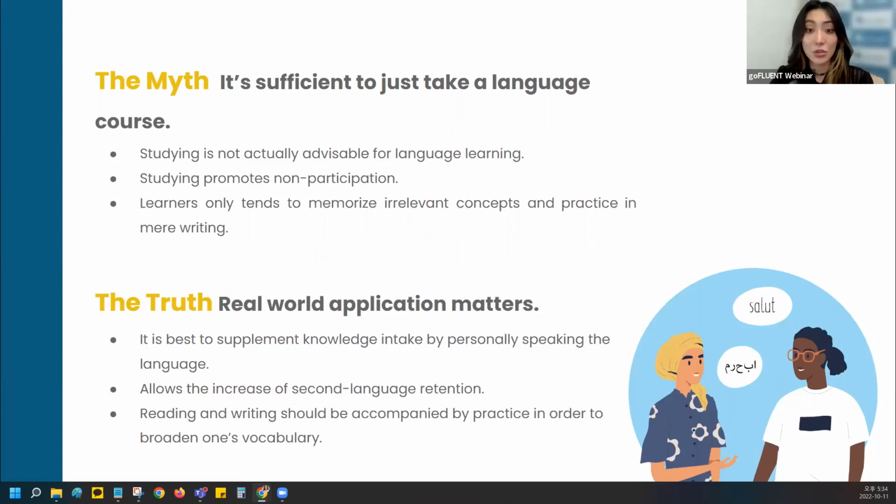As much as classroom instruction is presently enforced, studying alone is not advisable for language learning because studying promotes non-participation, meaning it leaves no room for real-life application. Learners only tend to memorize irrelevant concepts and practices in mere writing. Because of this, actually speaking the language becomes somewhat overlooked. So in order to make up for that, it is best to supplement knowledge intake by personally speaking the language in order to broaden one's second language retention and vocabulary. Reading, writing, and speaking should be accompanied by practice.